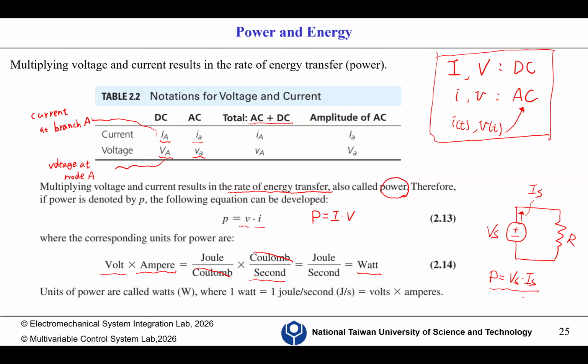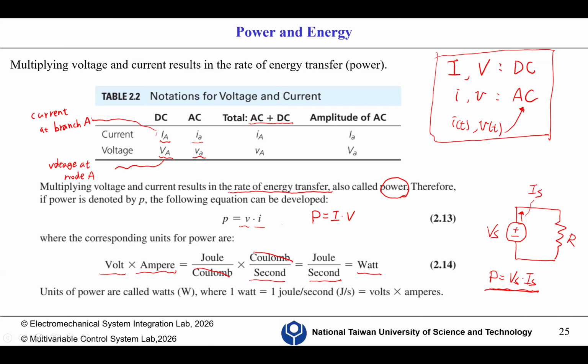This is the energy given by this voltage source per second. So the power could mean giving energy in a unit time or receiving energy in a unit time, and the unit time here means second.